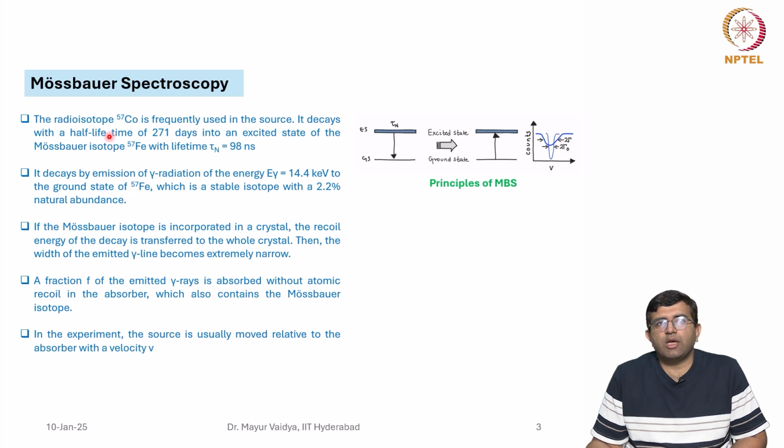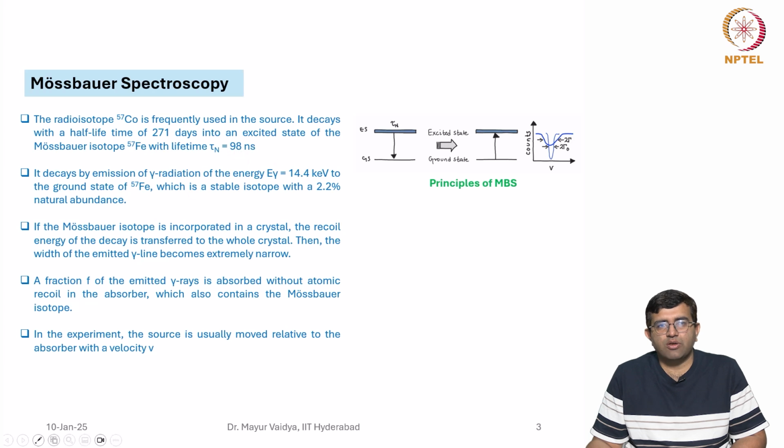So, this radio isotope 57Co is what is frequently used as the source. It decays with a half-life of 271 days into an excited state of the Mössbauer isotope 57Fe, which has a lifetime of 98 nanoseconds. So, this tau n refers to the lifetime at this excited energy level, which is the 98 nanoseconds.